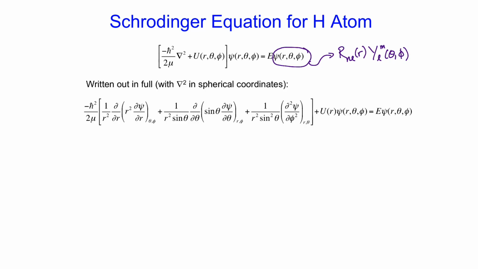All right, so we can write this out fully with our del squared, our Laplacian operator, in spherical coordinates. This should look familiar to you from back when we talked about the rigid rotor and angular momentum topics previously.